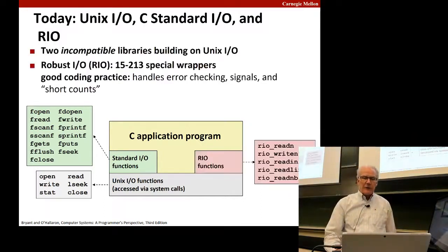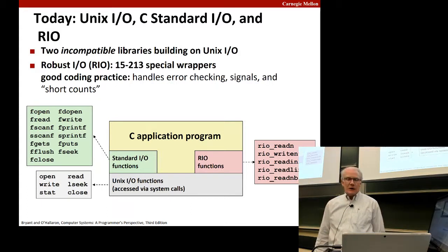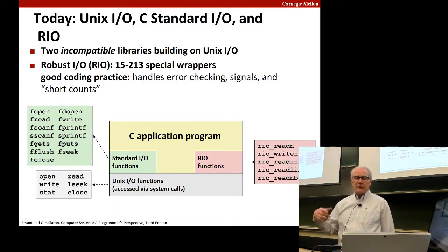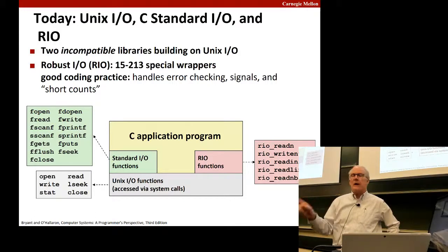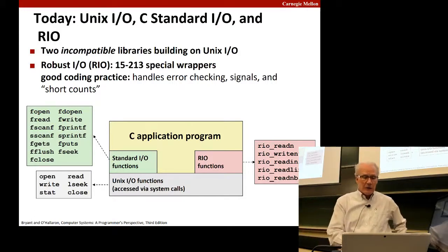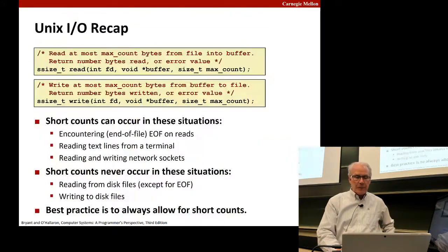And so there's another library that's described in the book called RIO, Reliable I/O. It's a fairly thin layer of extra features on top of the, I'm sorry, not the standard I/O, the Unix I/O functions.